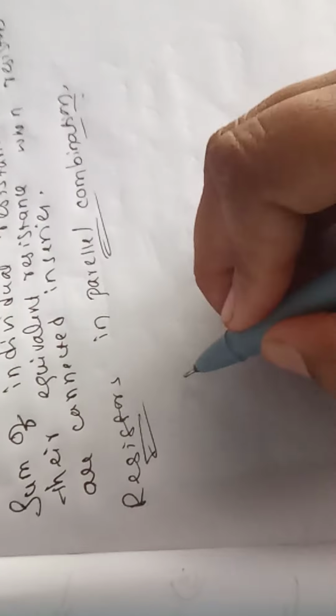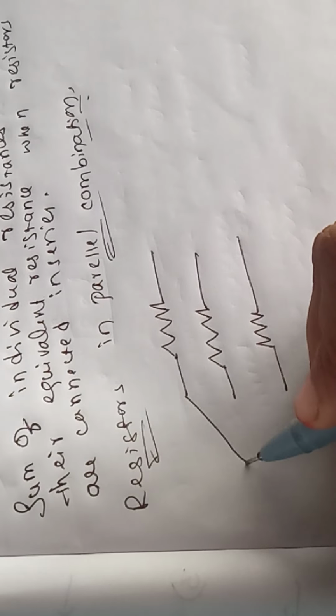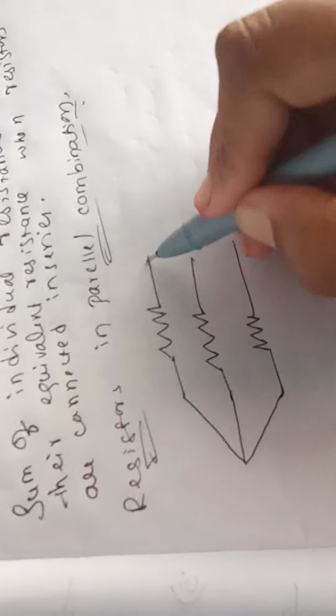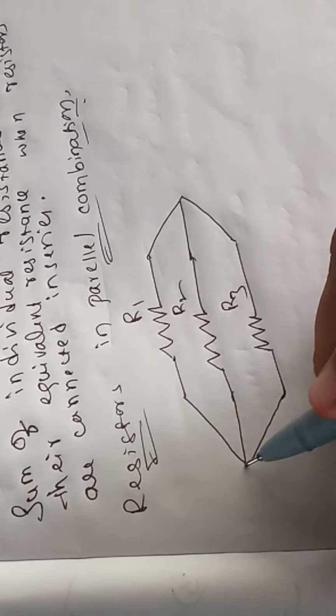Now let us go for the parallel connection. Resistors in parallel combination, right? Now here, as usual I took 3 resistors, 1, 2, 3. In such a way I am connecting R1, R2, R3 to a battery, ammeter, key, in such a way.